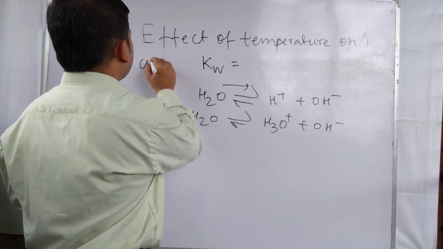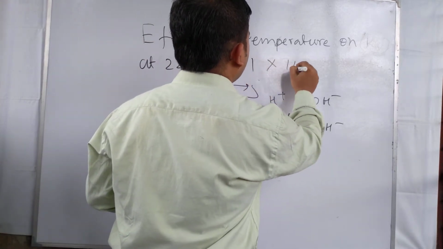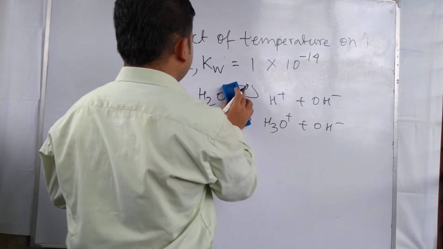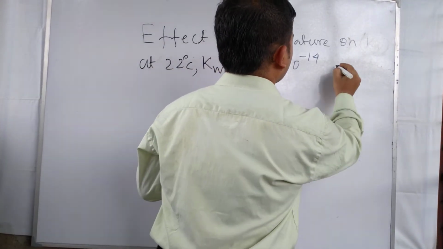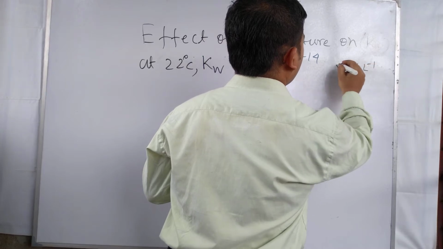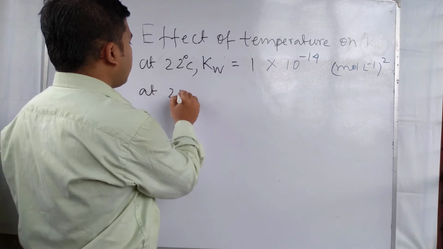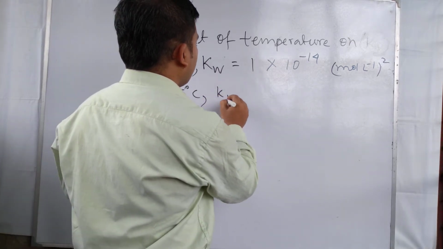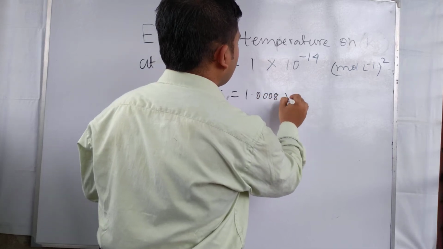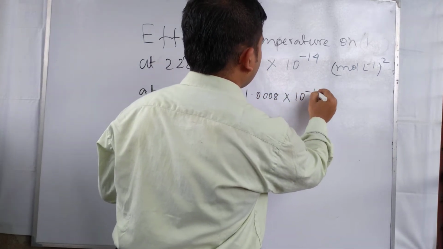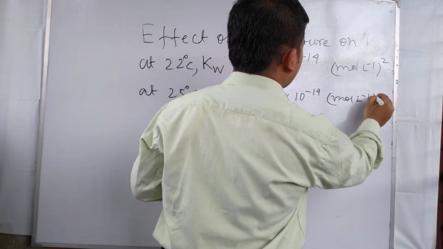Suppose Kw at 22 degree centigrade is 1 into 10 to the power minus 14 mole per liter whole square, and at 25 degree centigrade the Kw value is 1.008 into 10 to the power minus 14 mole per liter whole square.